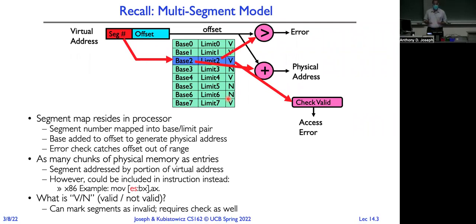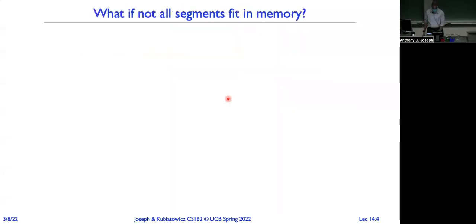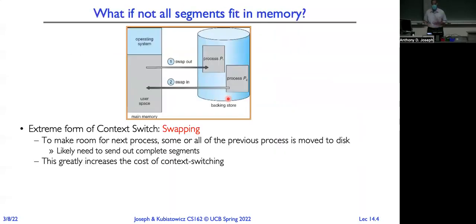That will change the processor's view of memory to be that for the new process. Same thing, we have to unload all the CPU registers for the old process, load all the CPU registers for the new process. Well, an extreme form of this would say, if everything doesn't fit into memory, then we just swap out segments from memory out to disk.